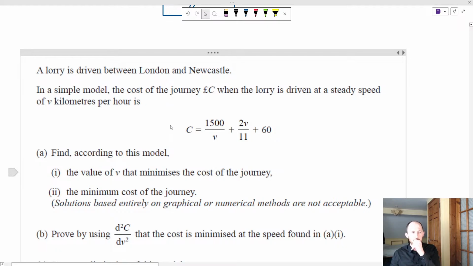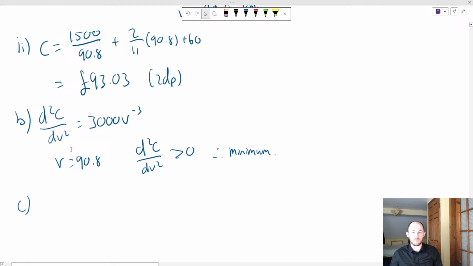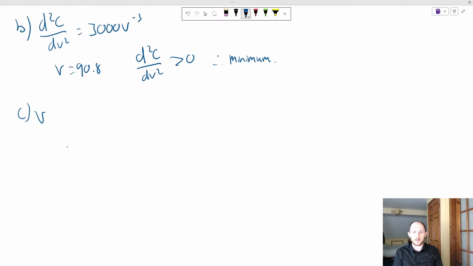Imagine if you're driving, imagine your parents are driving you, or you're driving from London to Manchester, or in this case, London to Newcastle. Will you be at the same speed always? Or will you have traffic? Things like that. So v is not actually going to be constant. V has to be constant, which is a limitation.